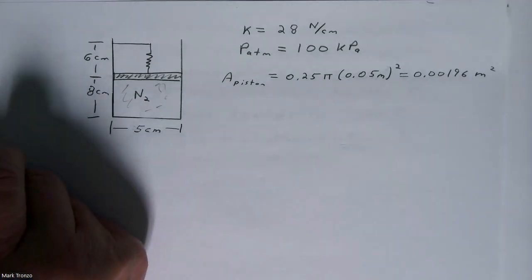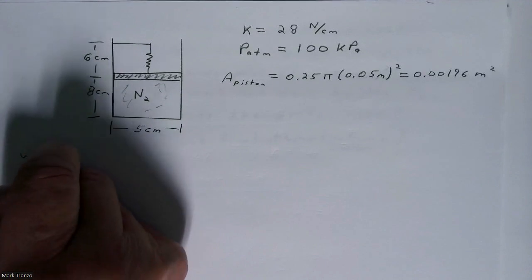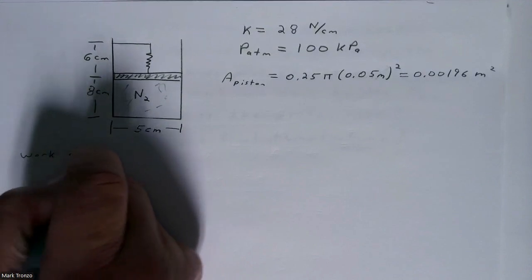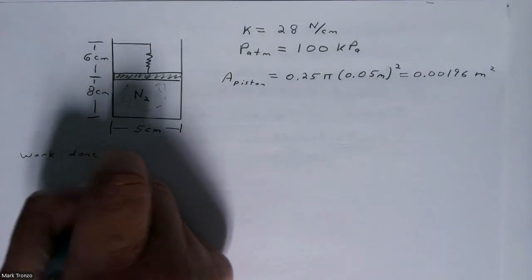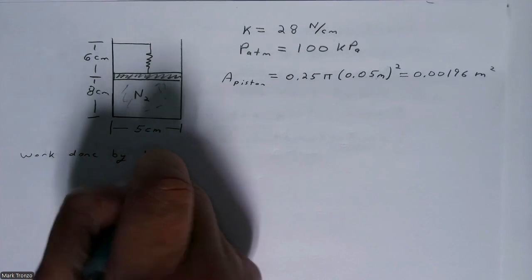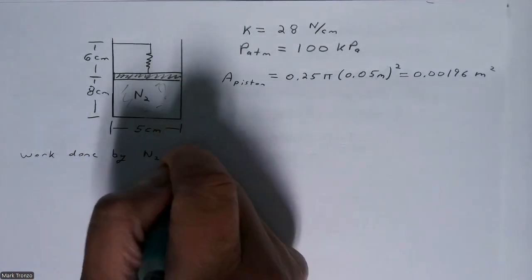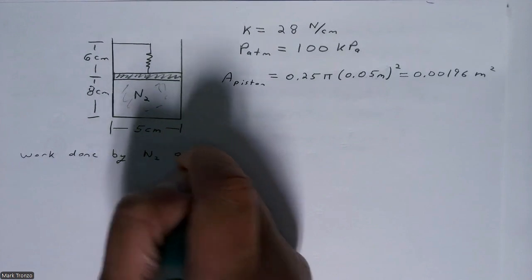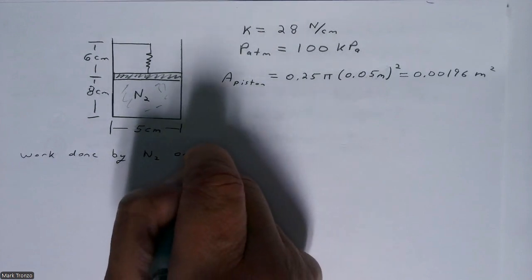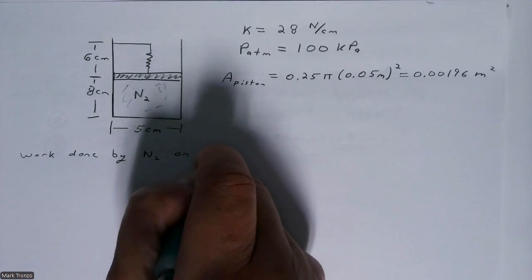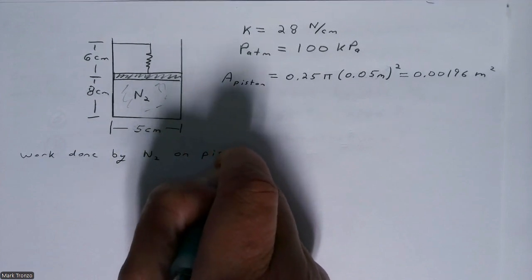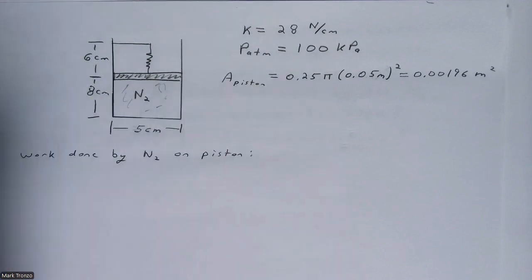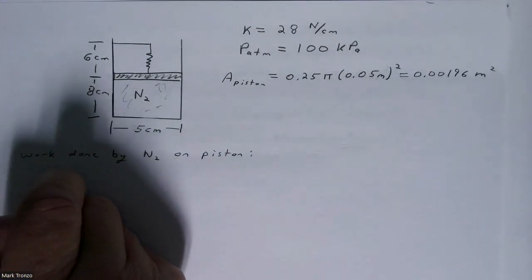And next, we're going to look at the work done. So the work done by the nitrogen on the boundary, let's say, on the piston. I'll just call this W1.